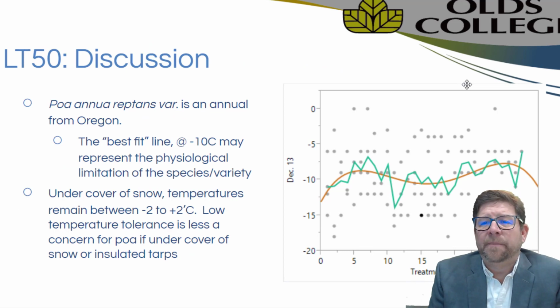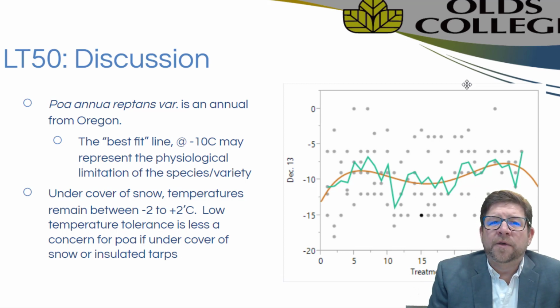Now, some discussion about lethal temperature tolerance, or the LT50 of that Poa annua. The species that we used is annual bluegrass. It was a true putt variety out of Oregon, the reptans, creeping bluegrass variety.